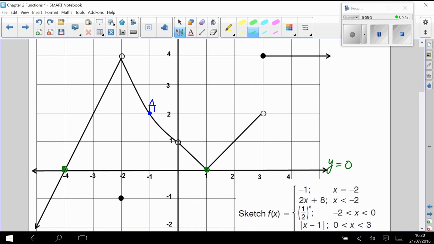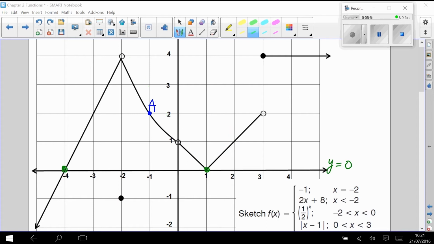As I tend towards x equals 0 from the left, it looks like I'm coming towards 1. As I tend towards x equals 0 from the right, it also looks like I'm coming to 1. So my graph is tending towards a height of 1 when x is 0.